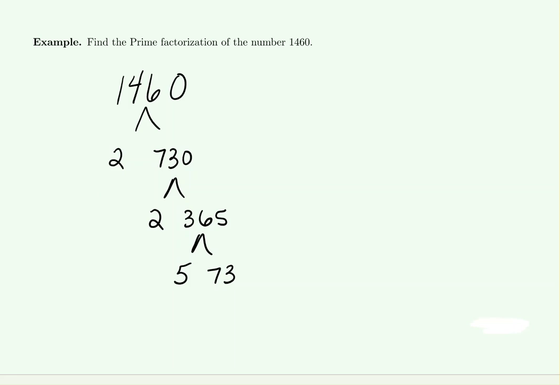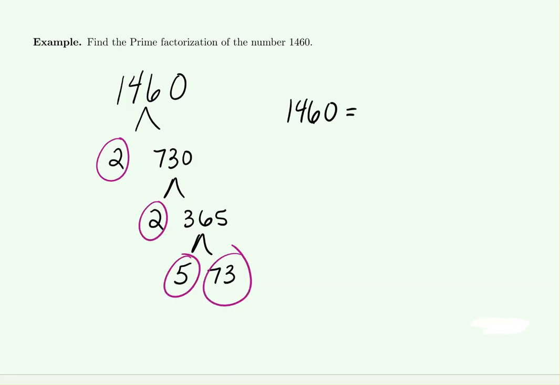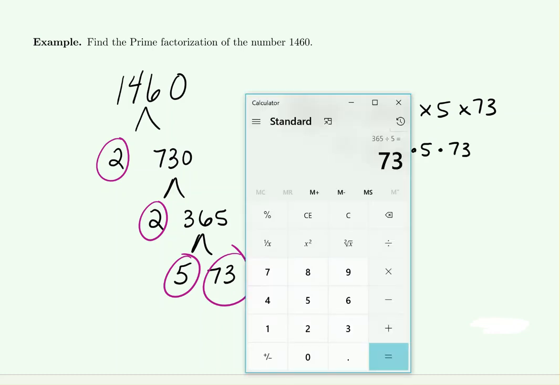There's nothing else left to do than to write out the prime factorization, which is each of these prime numbers multiplied together. So it'd be 2 times 2 times 5 times 73. Another way you might see that written is 2 squared times 5 times 73. And you can check your work.